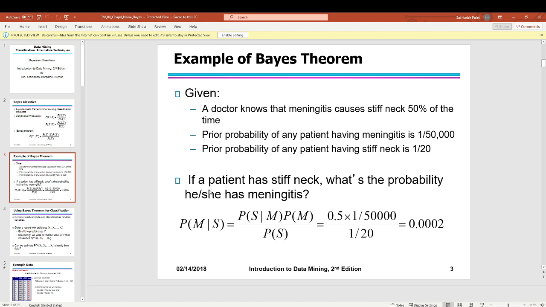So let us solve this example: if a patient has a stiff neck, what is the probability that he or she has that disease? That can be calculated by using this formula.